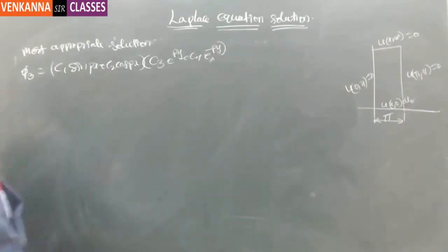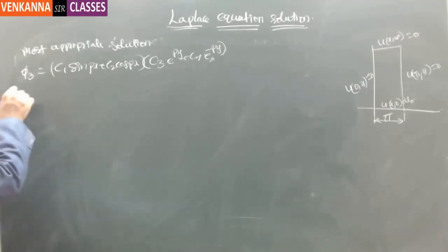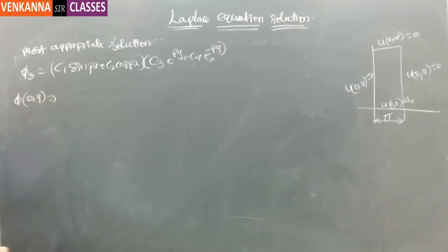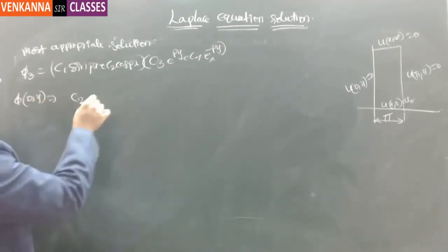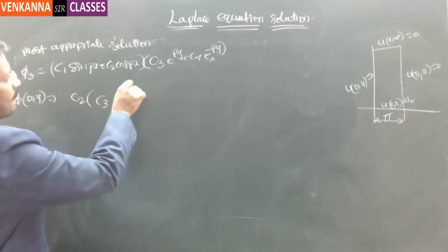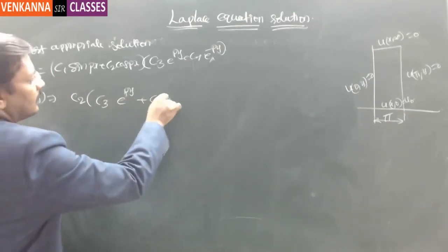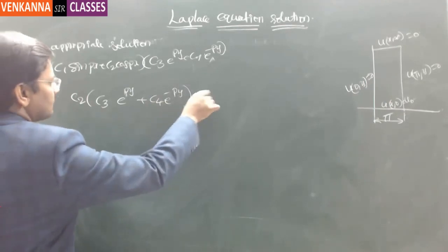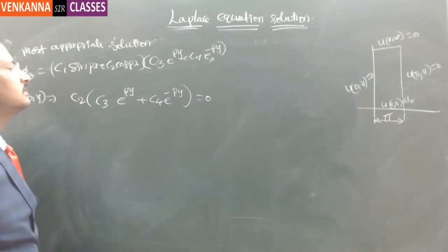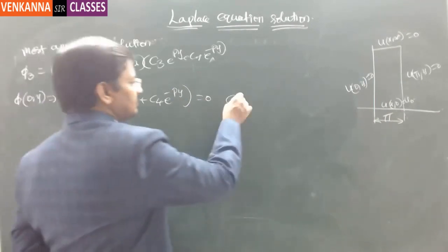Now if you apply the first boundary condition u of 0 comma y equal to 0, then phi of 0 comma y is c2 into (c3 e power py plus c4 e power minus py). This is going to be 0. Then, y being a non-zero value, c2 will be 0.